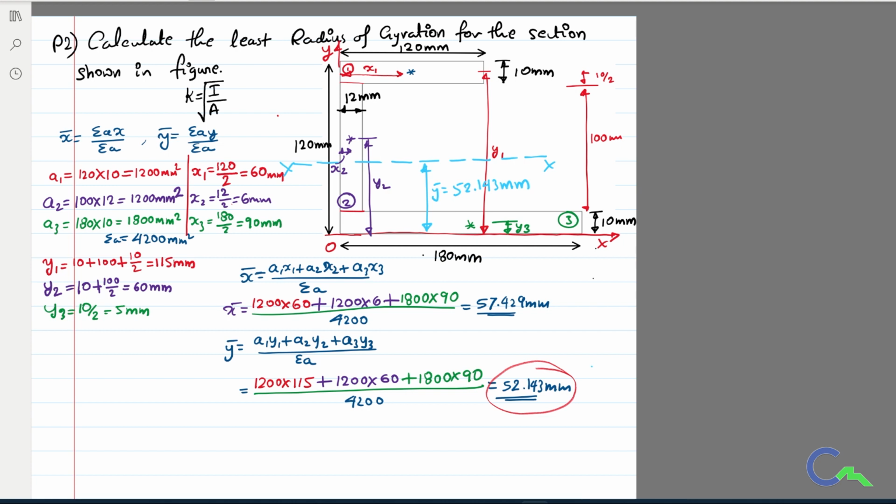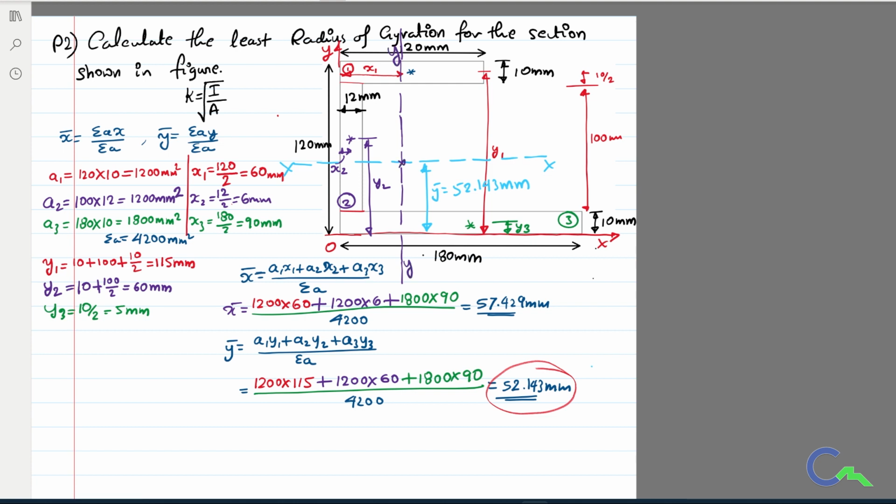You can see here this is at a distance of 60 mm, x1 is at a distance of 60 mm. I got 57.429, therefore just before that we are going to get the vertical centroidal axis. I'm going to locate it like this, just before the centroid, from the x bar. I will call it the y centroidal axis.